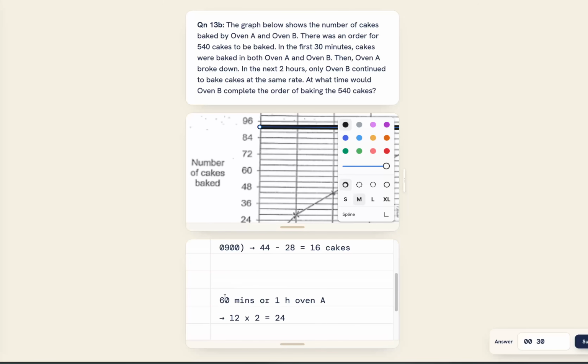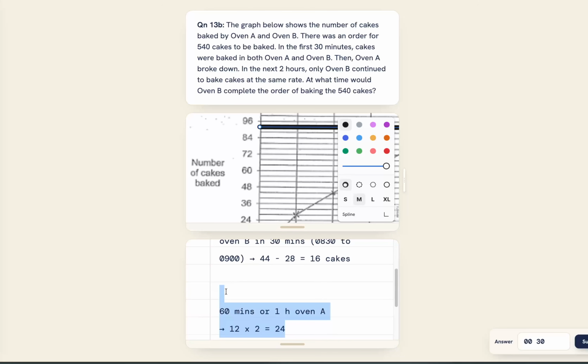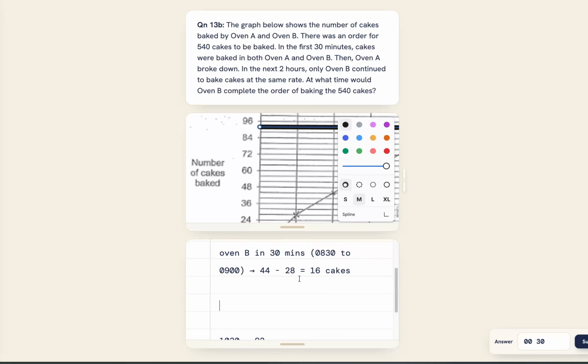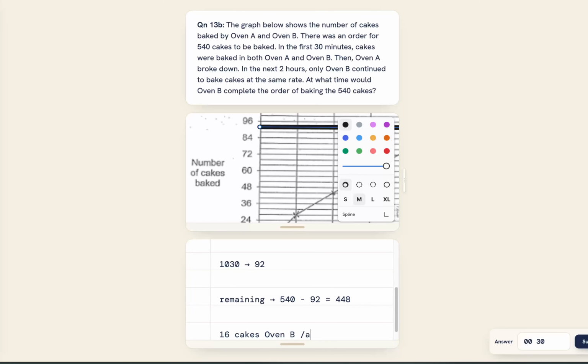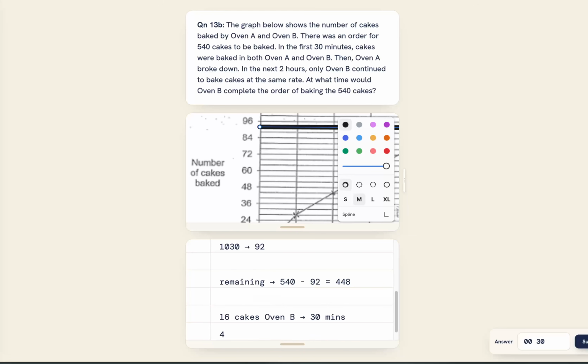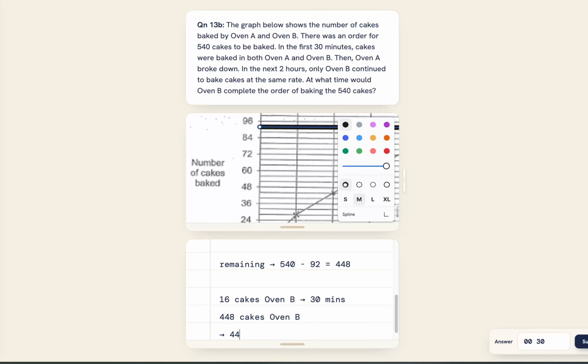So we know that for oven B, in 30 minutes, it is able to bake 16 cakes. So 16 cakes with oven B will be equal to 30 minutes. So 448 cakes for oven B will then be equal to 448 divided by 16 and then times 30.